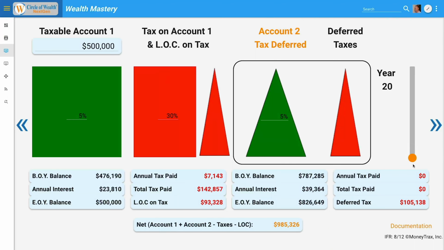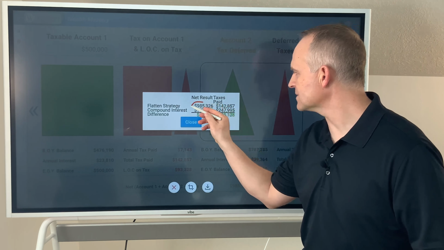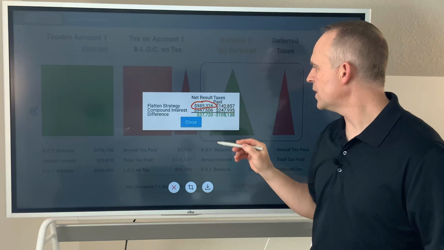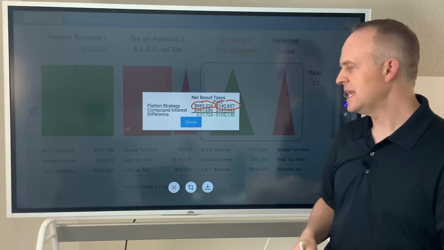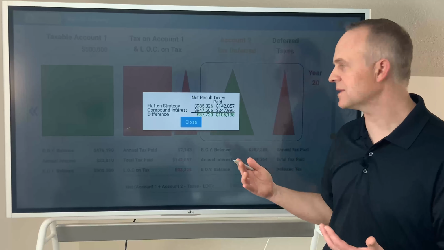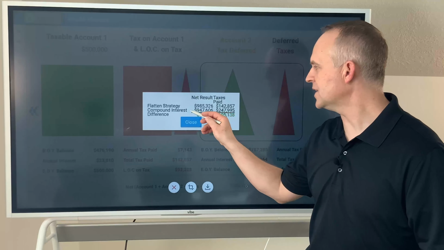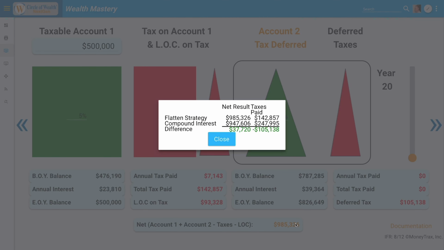If we look at the net result, with our flattened strategy, where we're not compounding the problem, we have $985,000, right, with total taxes paid of $142,000. Now, if we look at our compounding interest strategy, which is compounding the problem, we only had $947,000 and $247,000 in taxes paid.